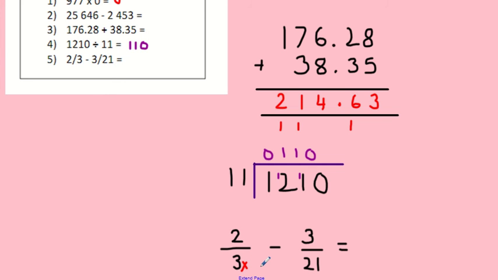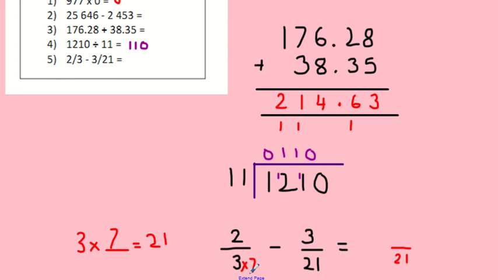So we know that 3 times something is 21. Can you remember what it might be, Year 6? That's right, 3 times 7 is 21. So I'm going to multiply this denominator by 7 to give 21.